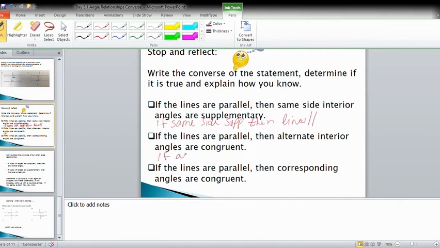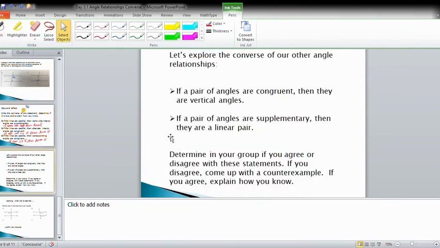Converse, if alternate interior angles are congruent, then lines are parallel. And finally, our last one, if the lines are parallel, then corresponding angles are congruent. Again, converse, if corresponding angles are congruent, then lines are parallel. Okay, so the converse is also true, right? If we can prove these relationships are happening, we can prove parallel lines, right?